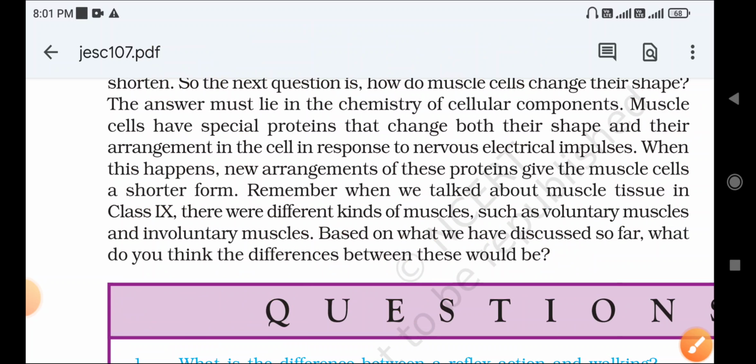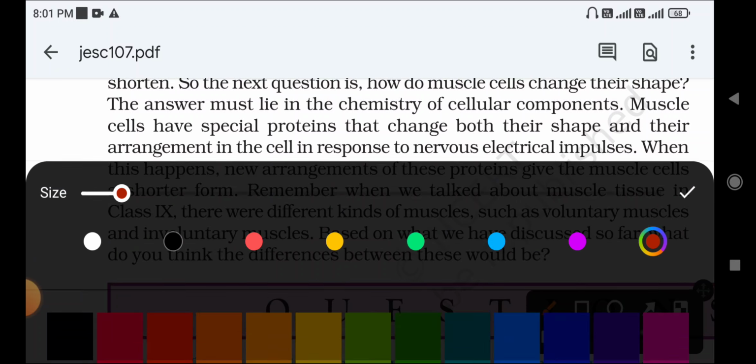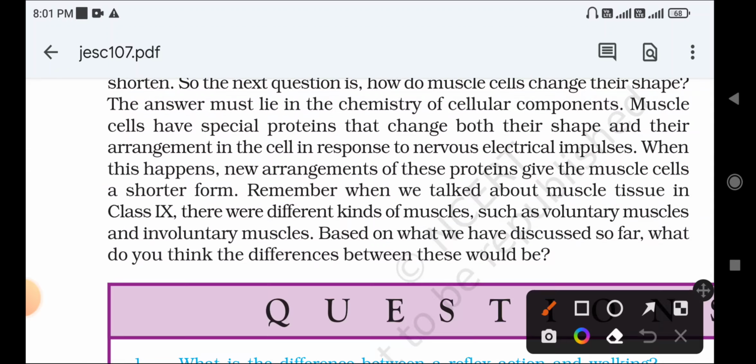The actions that are done by thinking are called voluntary actions. What are involuntary actions? The actions which are done without thinking are called involuntary actions. The types of muscles are voluntary muscles and involuntary muscles.